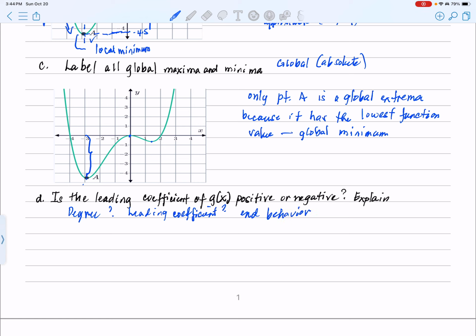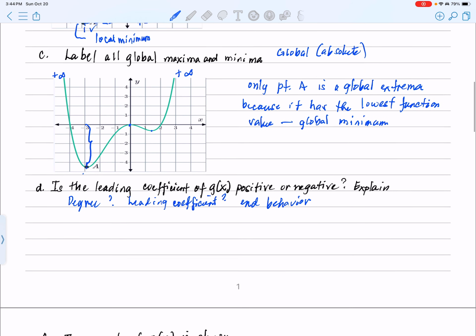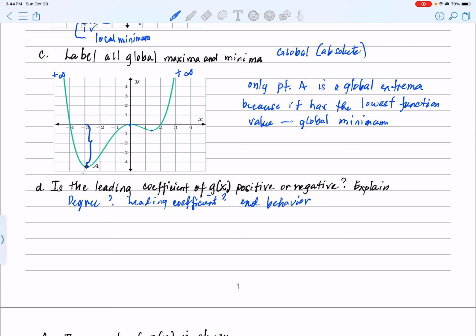We know that the end behaviors are all positive infinity. They are all positive because it's facing up, on and on. So basing on the leading coefficient, the degree, and the function, the function has an even degree of 4. How do we know?